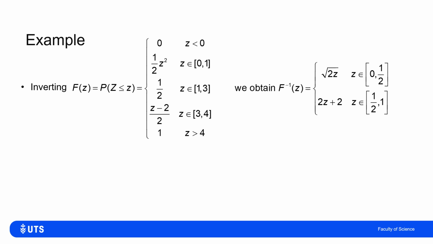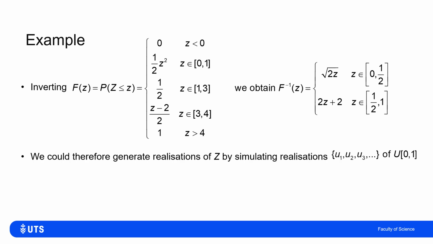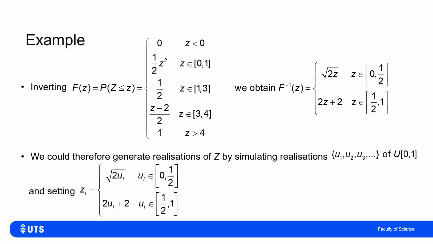I've maybe been a little slack by including 1/2 in both of those intervals, although given that this is a uniform point I'm selecting, the probability of hitting exactly 1/2 is vanishingly small, so in reality it won't matter, but I've been a little bit slack maybe. So what I would do is I would draw a uniform point and then I would read off the inverse according to this rule.